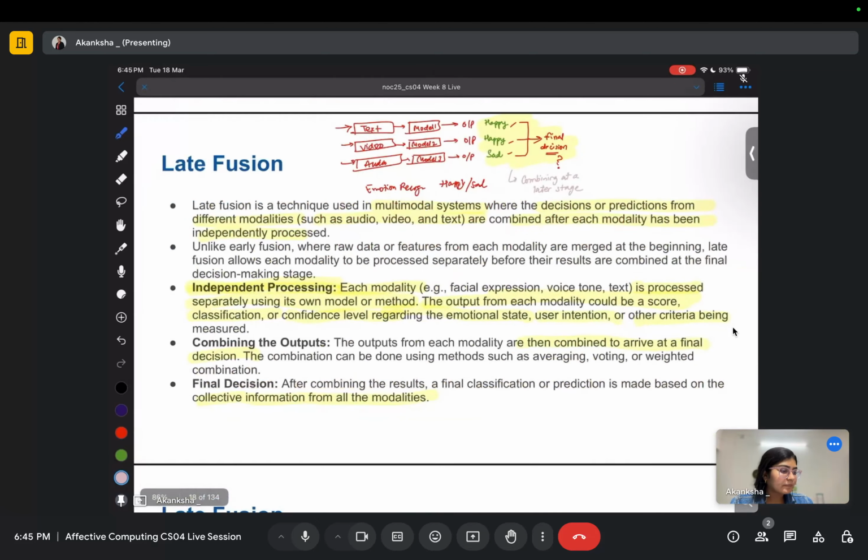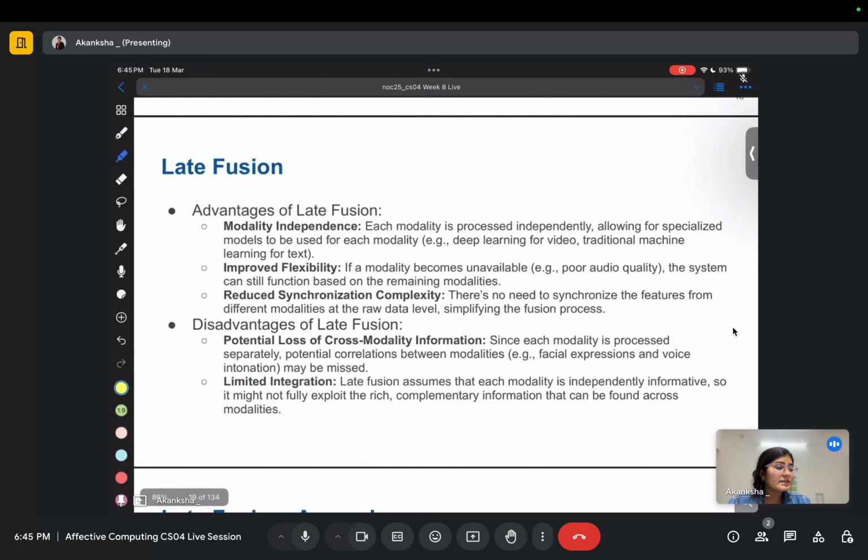Okay, now what are the advantages? Modality independence, like it is processed independently. Let's say there is a model which is very good for audio processing. Now you can use that model for audio processing. Let's say another model is for EEG signals, it is already there. You can use the pre-trained model for the EEG pipeline.